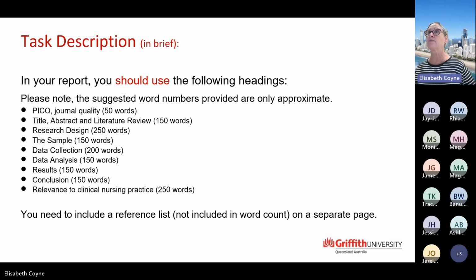Right, okay, now I'm up to Roxanne. Impact factor is the key. In this one, you don't really need an impact factor, because remember, the impact factor relates to the journal quality. So in this, you could just note that the Journal of Clinical Nursing, which is where this is published, has a strong impact factor.